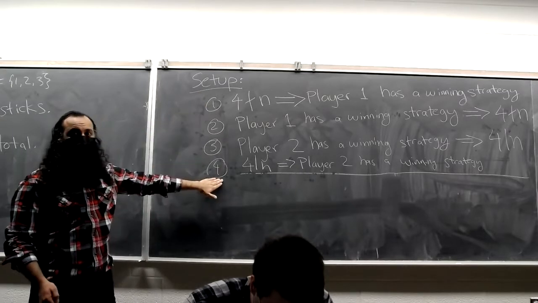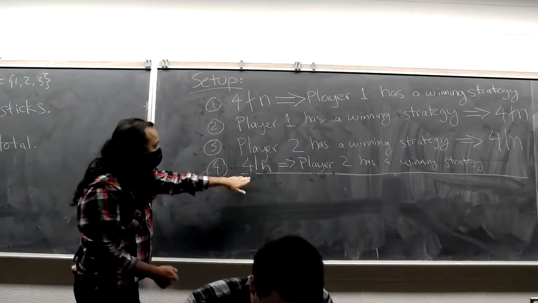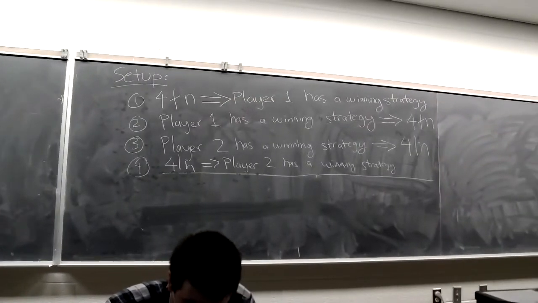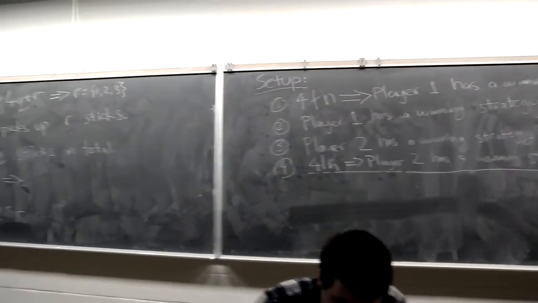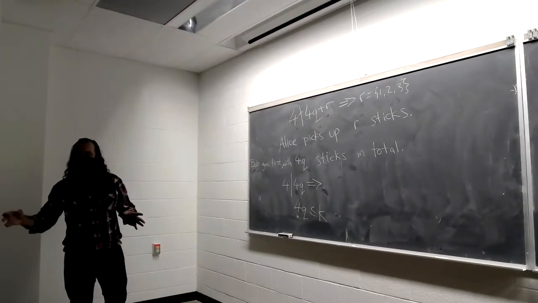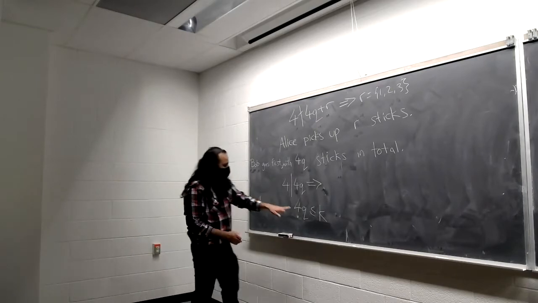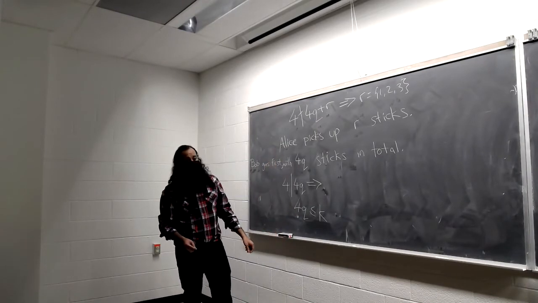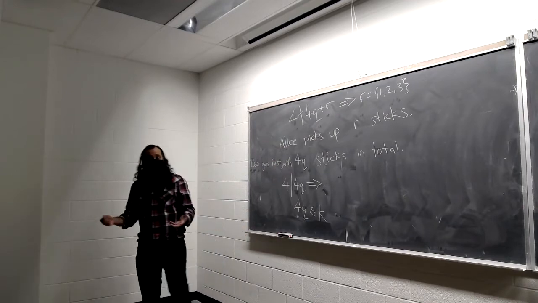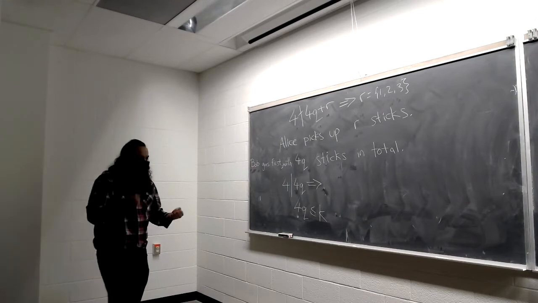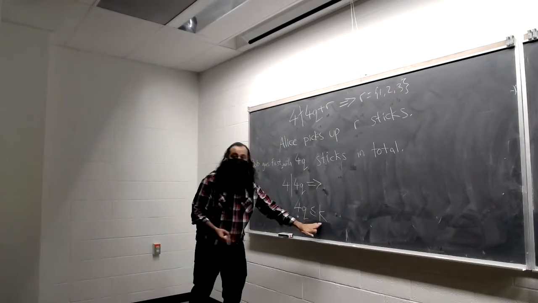I haven't proven this. I've used it where 4q is less than or equal to k for my induction hypothesis. I assumed that it worked for all integers up to k. And then if I'm dealing with the case where n equals k plus 1, if I take away R sticks, then I have less than or equal to k remaining.